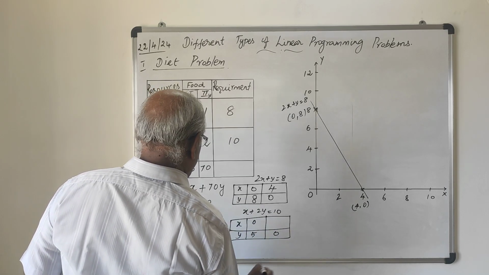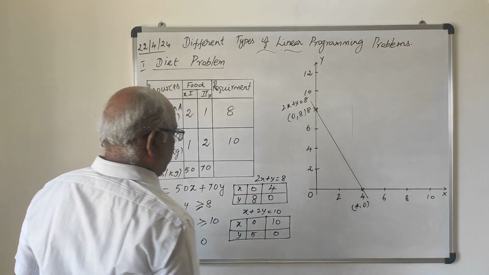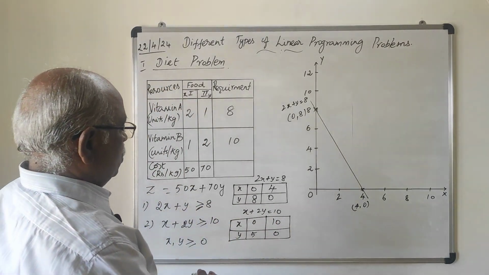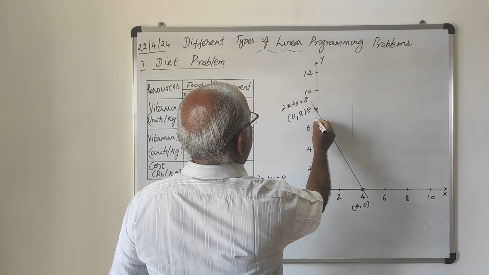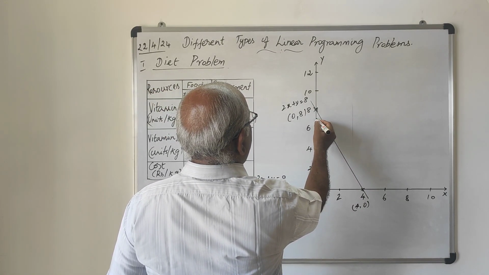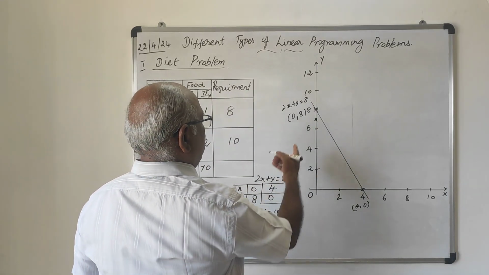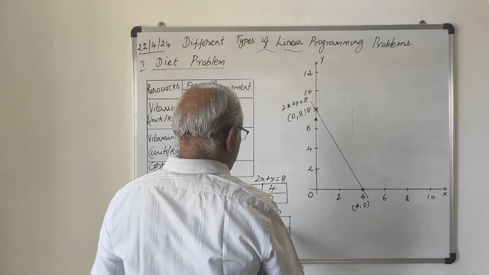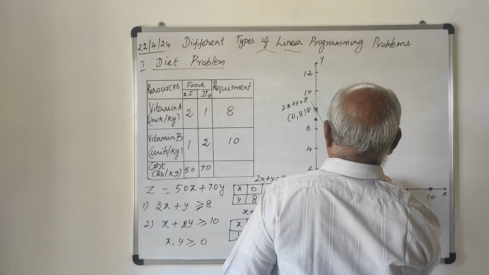And if you substitute y equal to 0, x equals 10. So the points are (0, 5) and (10, 0).